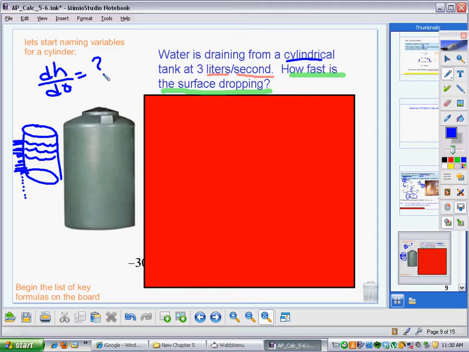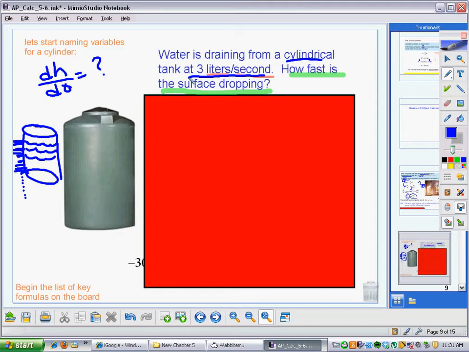The other thing you want to do is data. Which quantities are changing, which quantities are constant. That's very important. Okay? So now, I'm also going to put down which rates are given, are they positive or negative, and so on. This is the only number given to me.